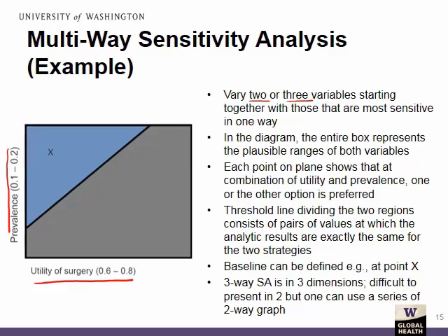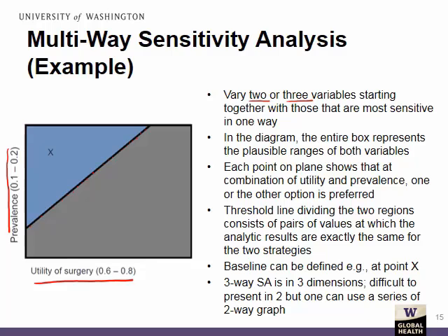And the threshold line divides the two regions and consists of pairs of values at which the analytic results are exactly the same. So at these points here on the line, the results are indifferent. So that's the threshold line.